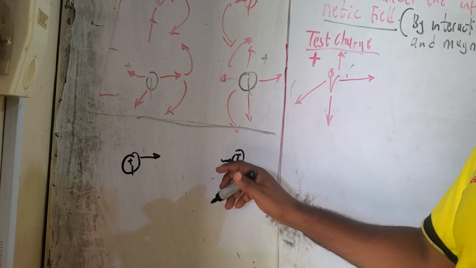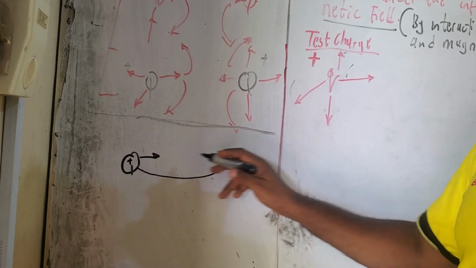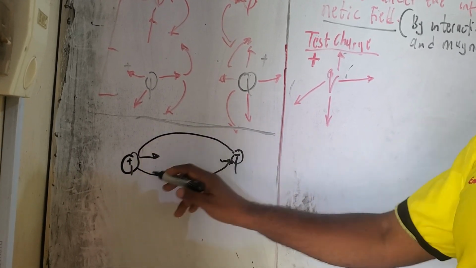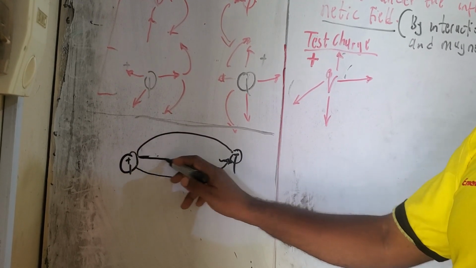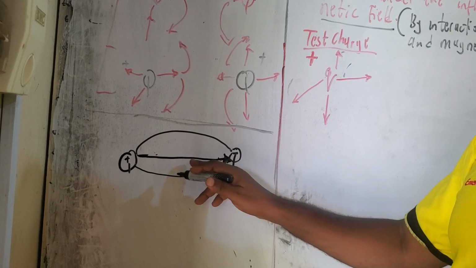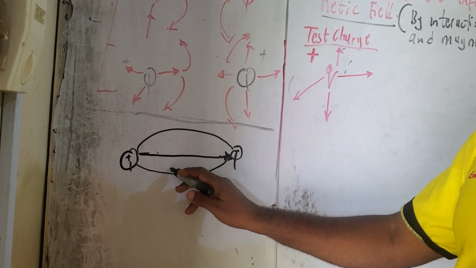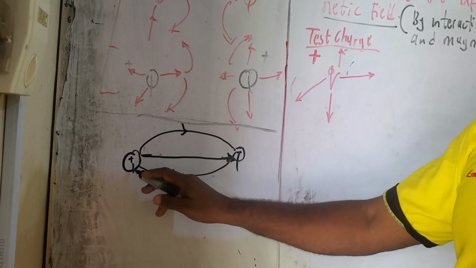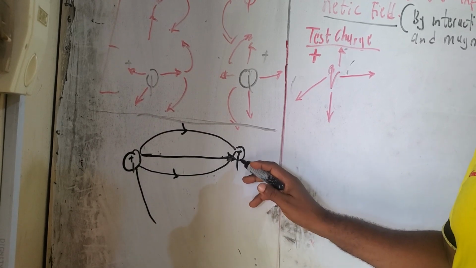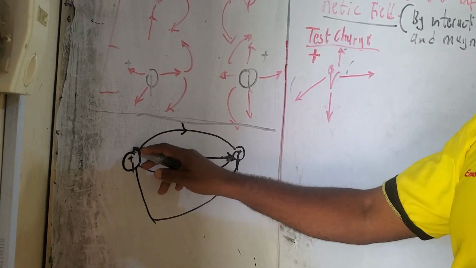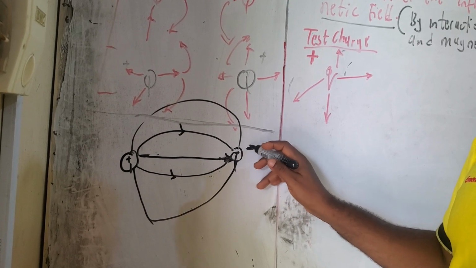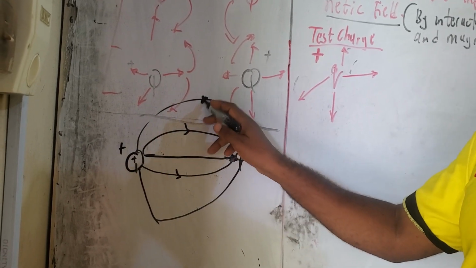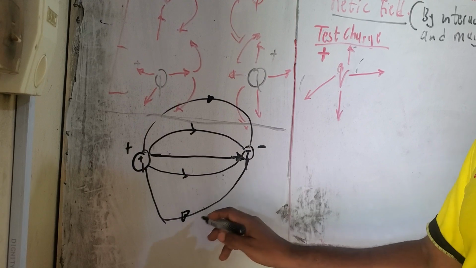So there will be a kind of attraction between these two charges. The line of force will be coming from the positive charge and going to the negative charge. So we have something like this as the diagram concerning line of force between two unequal charges. This is negative charge and this is positive charge. This is an attraction.